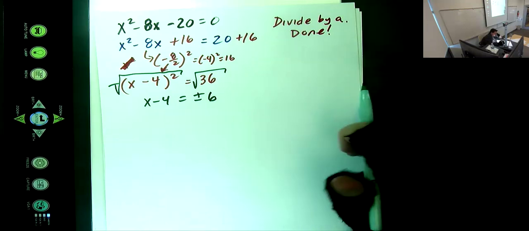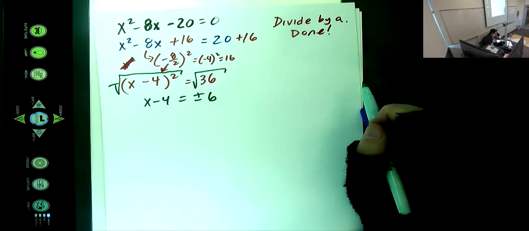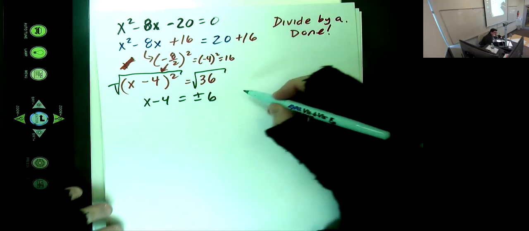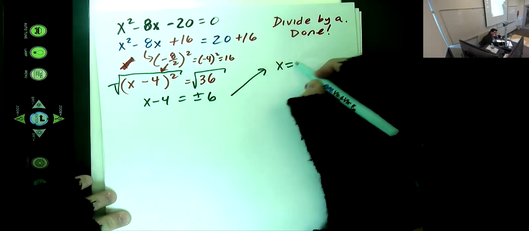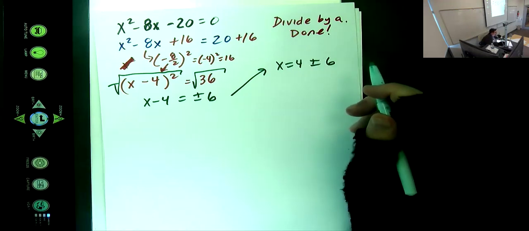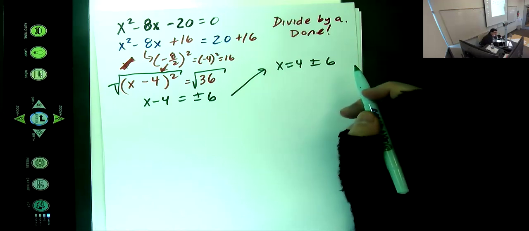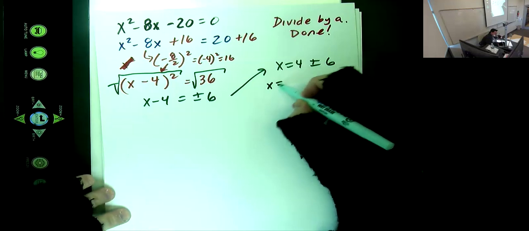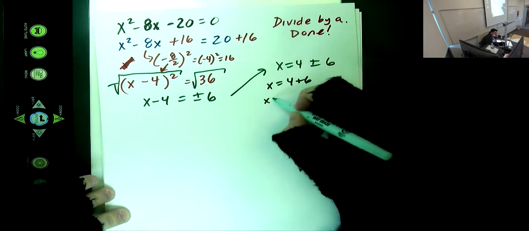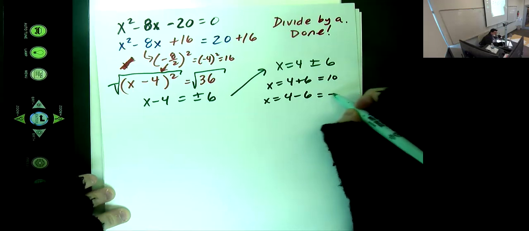Square root of 36 is 6. Now add 4 to both sides. When it's something you can add together, you should add together. If there's a square root or something, you should leave it as plus or minus the square root thing. But in this case, it is 4 plus 6 and 4 minus 6. That's 10 and -2.